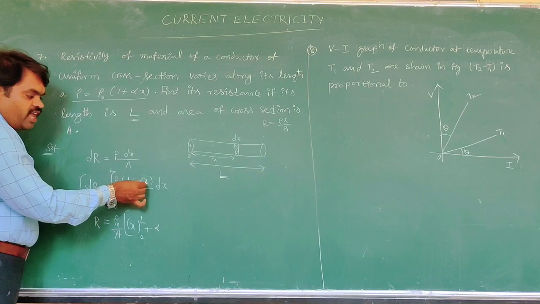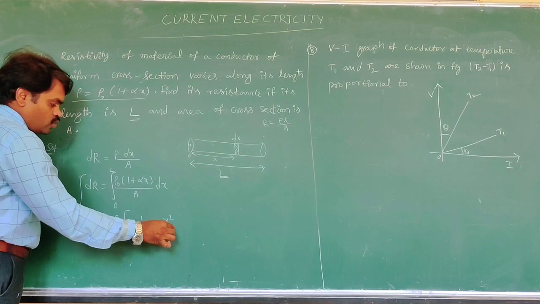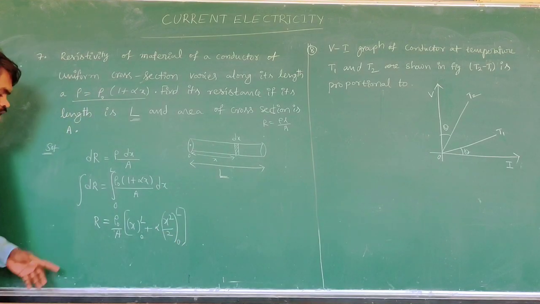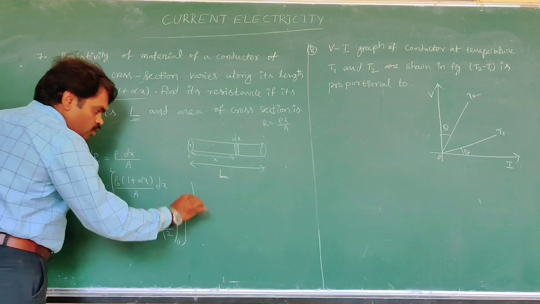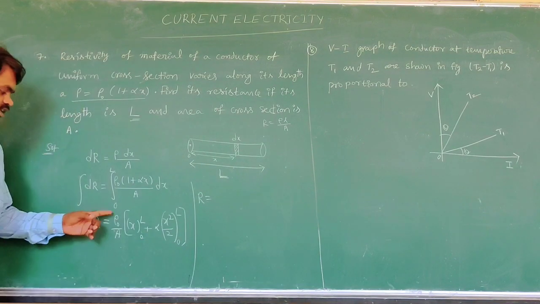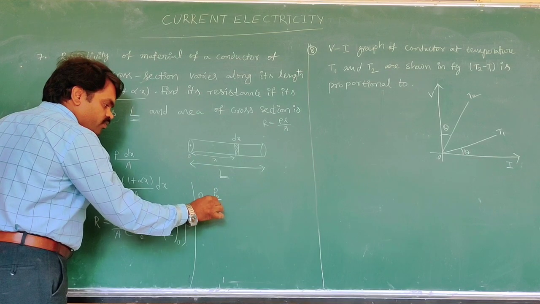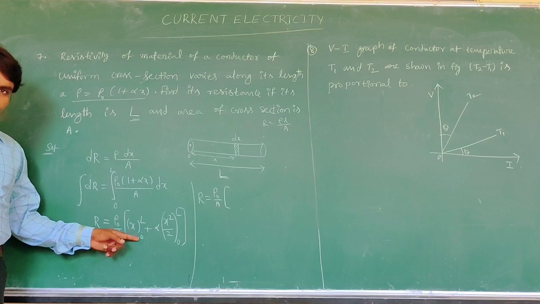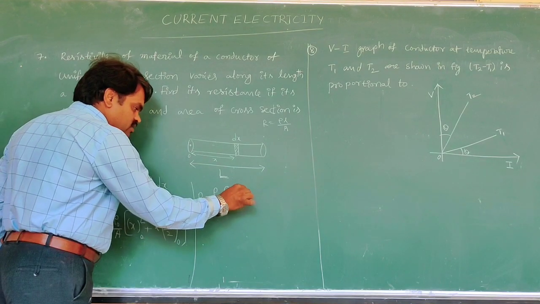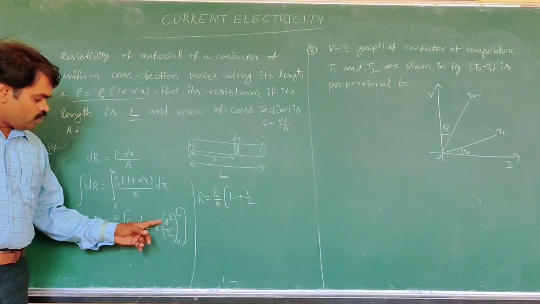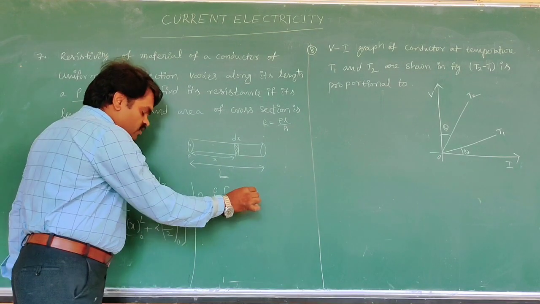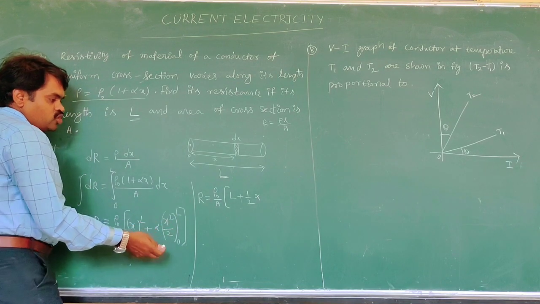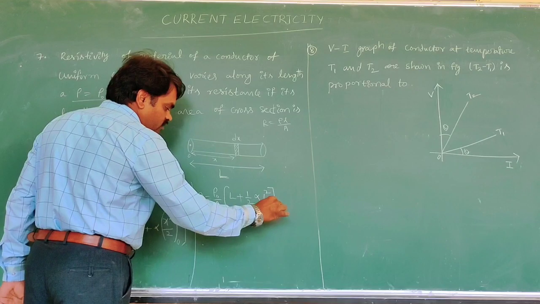Now the integral of x dx is x square by 2, from 0 to L. Now we are substituting R is equal to rho naught by A into L minus 0, upper limit minus lower limit, that is L, plus 1 by 2 into alpha, a constant, then L square minus 0 square. L square minus 0 square means L square only.